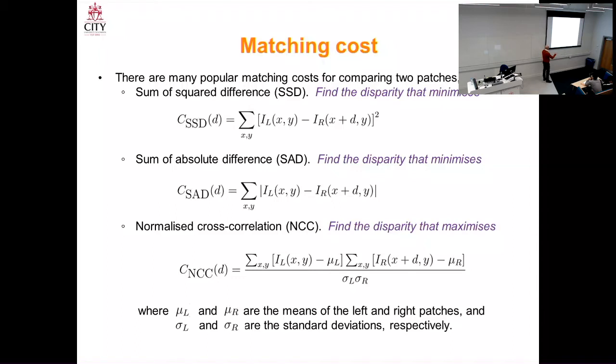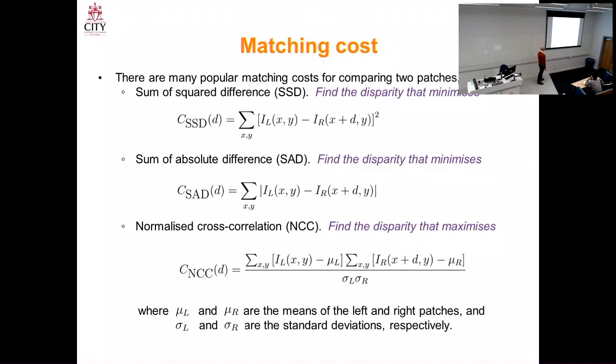For every pixel in the patch, you compare it to the matching pixel in the other patch. Here, D is the disparity, so it's telling me how far I've moved along the epipolar line. I'm going to search along that epipolar line until I find a patch that minimizes the sum of squared differences. In that case, the patches have very similar colors.